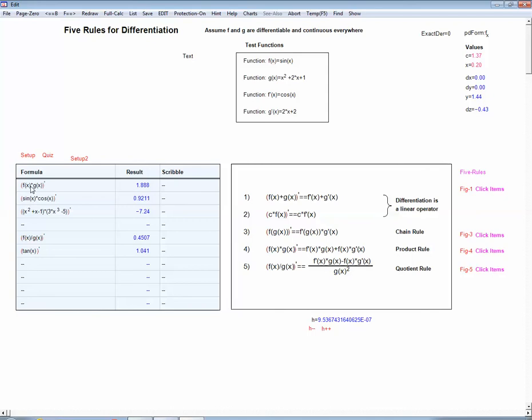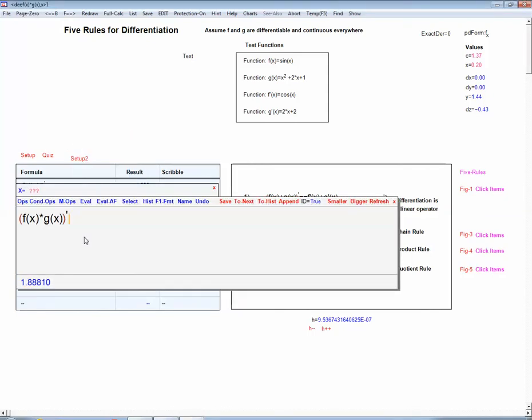So let's go over here, and this is how I think of it. You can think of it like this if you want to. This is the product rule. First thing you do is you just repeat the two functions that we're dealing with, put a plus between them, and then you repeat them again.